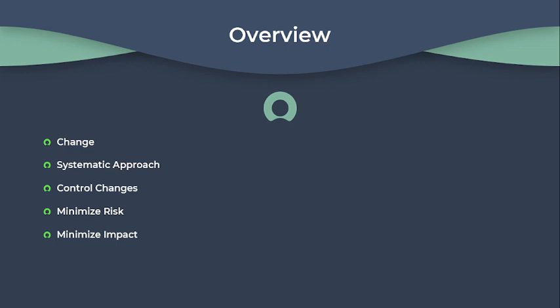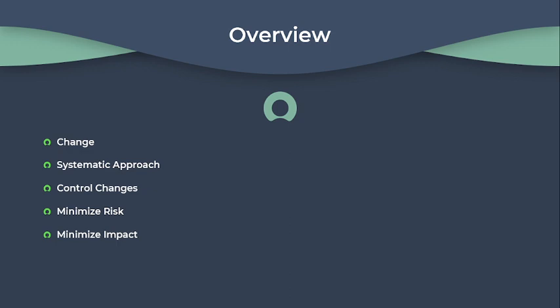ServiceNow change management aims to minimize the impact of change on the environment and business operations. This involves carefully planning and scheduling changes to minimize disruptions to services. Additionally, organizations may implement strategies such as rollback plans or phased implementation to mitigate any unforeseen issues and ensure smooth transition.